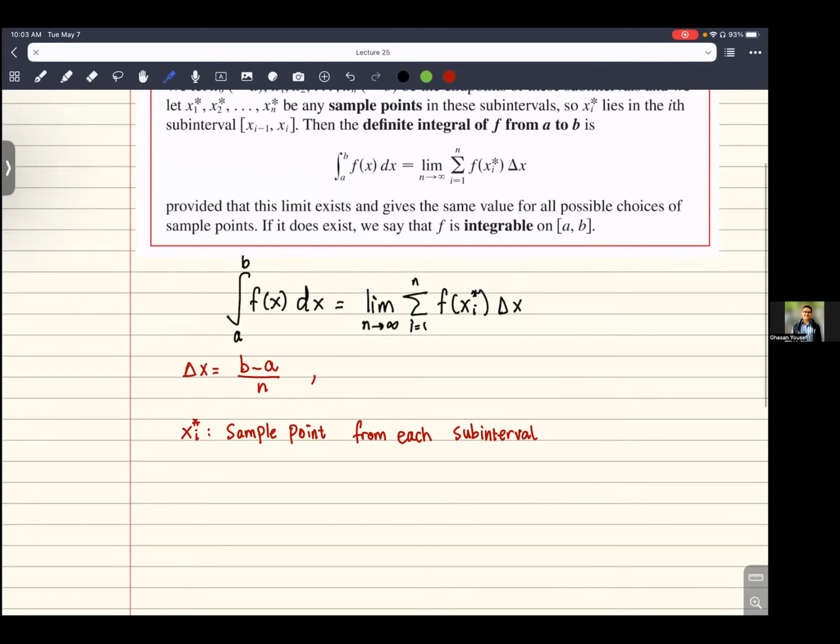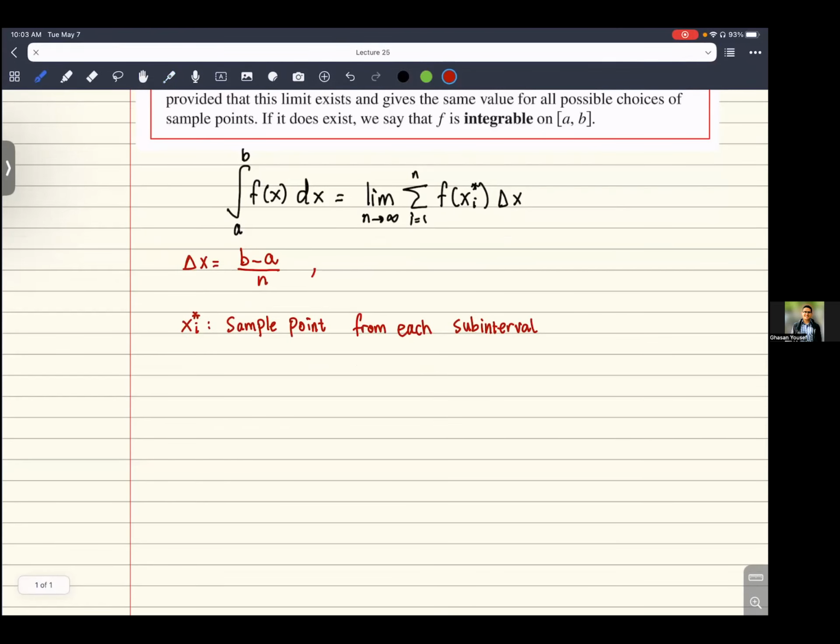Now let me define some notation. First, this symbol of the integral is called the integral sign.